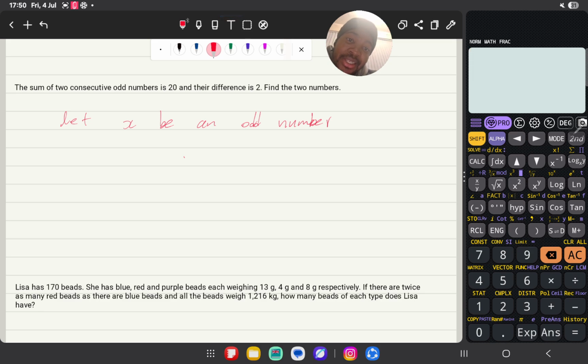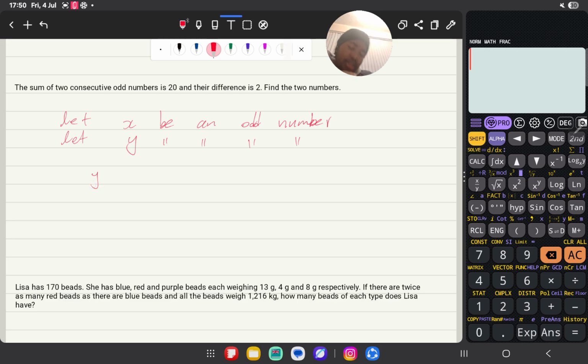The sum of these two consecutive odd numbers gives us 20, so let y also be an odd number. We have x and y, both odd numbers.